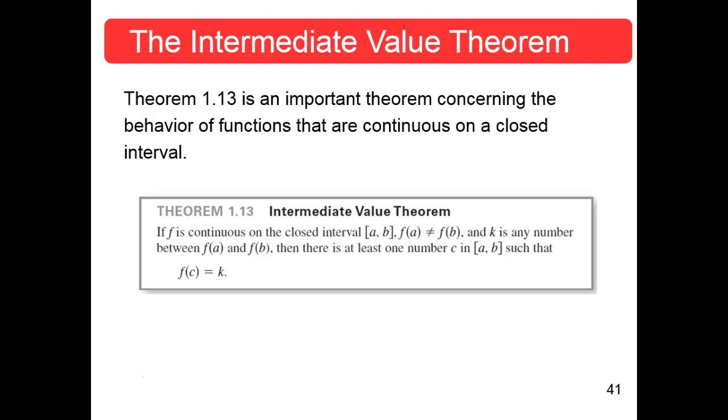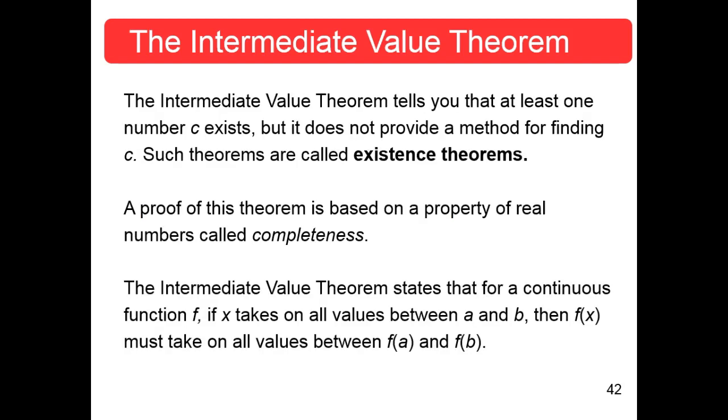So, if f of a is here, f of b is here, then if it's continuous going from here to there, for every value in between a and b, c in between a and b, there's some k in between f of a and f of b, it's got to touch it somewhere. Because you can't get from here to there without touching it. Got to be. That's what it's saying. F of c is equal to k. It may be at more than one c, but there's got to be at least one place c where that's going to be continuous. All right.